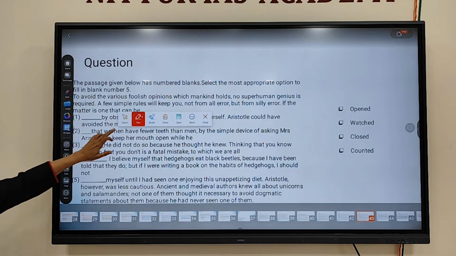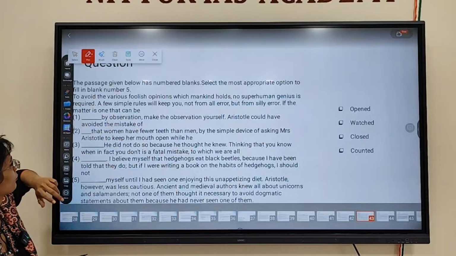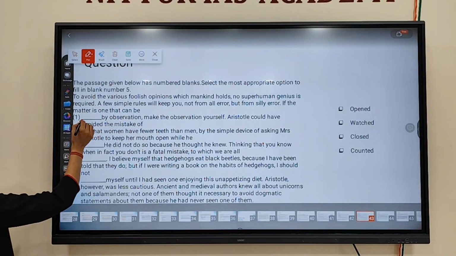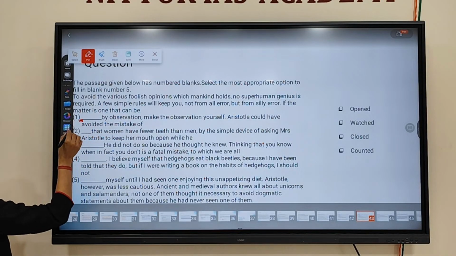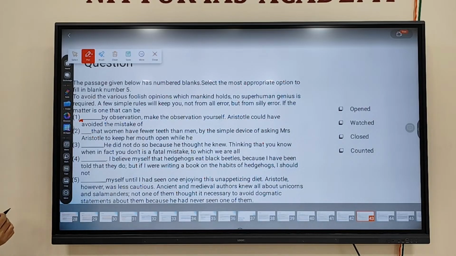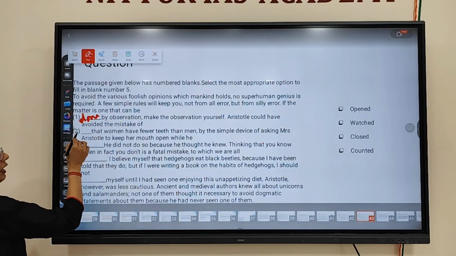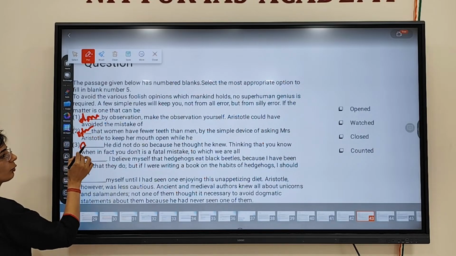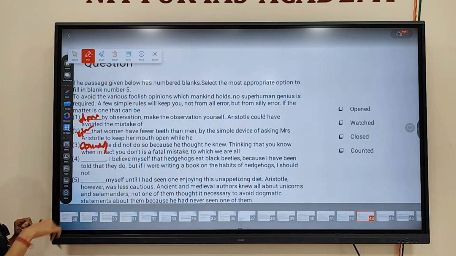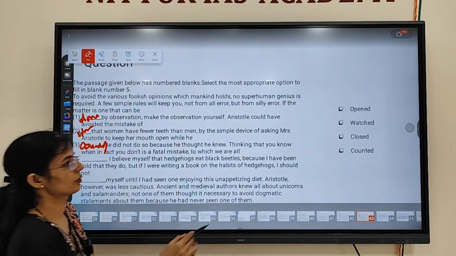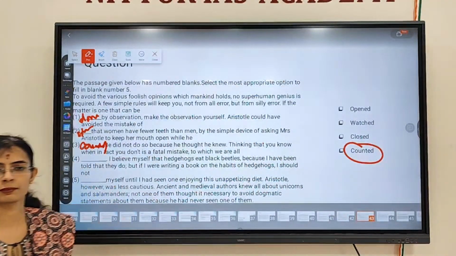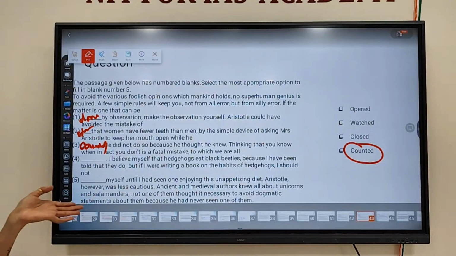Correct, no? What did I say here? If he had done the observation and not stated, he could have counted, right? So here the answer is counted, because you would have asked Mrs. Aristotle to open her mouth and counted her teeth, rather than saying women have fewer teeth than men.